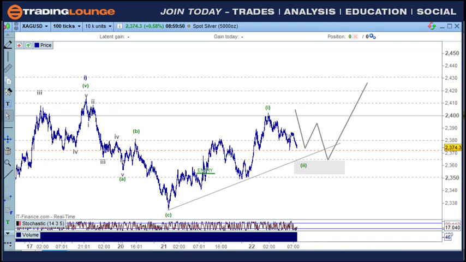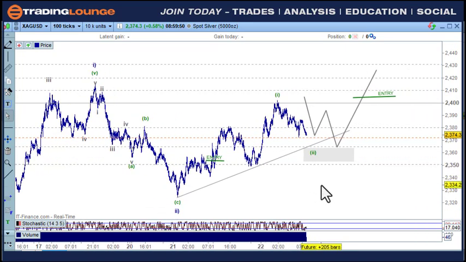We also want to look at building above over here as well, which I could put on top of this move. This could be viewed as 1 and 2, 1 and 2, and 1 and 2 building to the upside. I could even look at it as an A wave here, an A, B, C here, and then down further again. But I won't panic. I'll just keep with this.